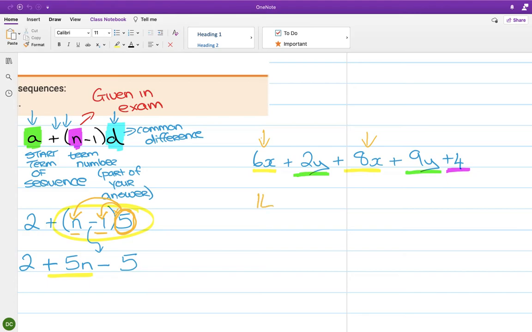I have 14 X's in total. And then my Y family, I have 2 of them and 9 of them, so in total I have 11 of them. And my 4 can't combine with anything, which means it doesn't change. It's just a 4.